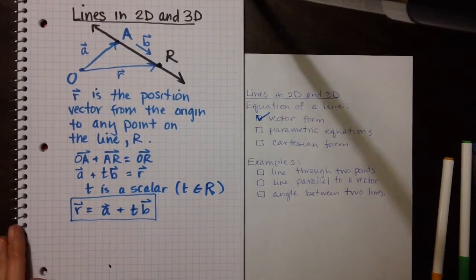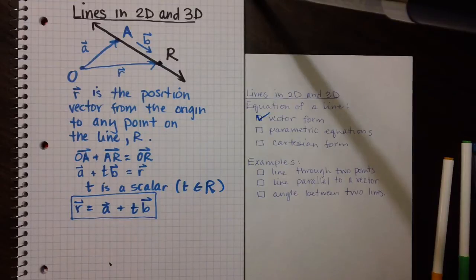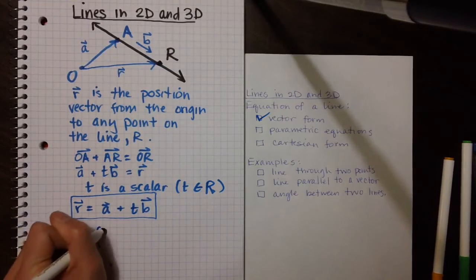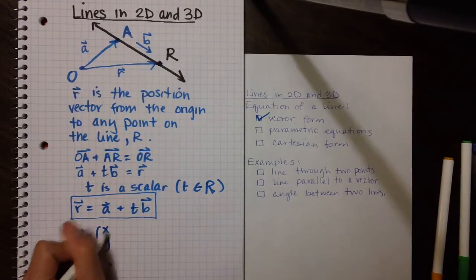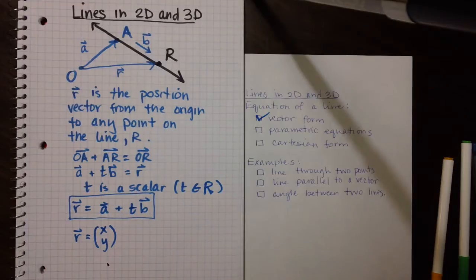If I think about the components of the vectors r, a, and b, if it's in 2 dimensions, then r would have an x component and also a y component. The same with a and the same with b.